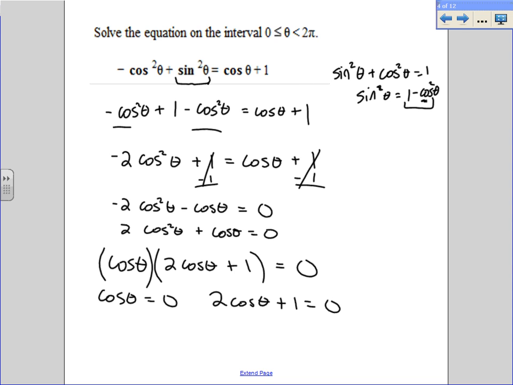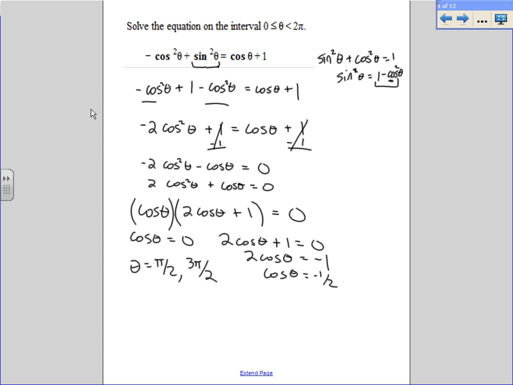All right, so my first one, I'm going to look at and ask, where is the cosine 0? And so you actually have 2 solutions for that. That would be at pi over 2, and it would also be at 3 pi over 2. Okay, on my other one, got a little bit of solving to do here. I'm going to subtract 1. So that will give me 2 cosine theta equals negative 1, and then divide by 2, so I'll get cosine theta equals negative 1/2.